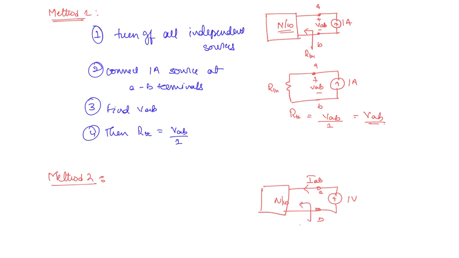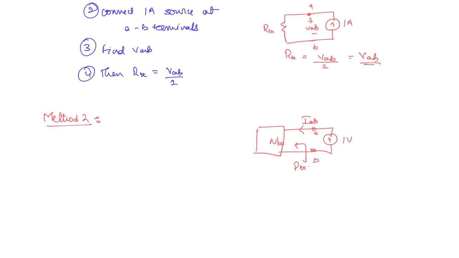So what is RTH now? This is the resistance with which we can replace the network. So this is 1 volt and this is IAB. RTH is equal to 1 volt, the voltage across it, divided by the current through it, which is IAB.